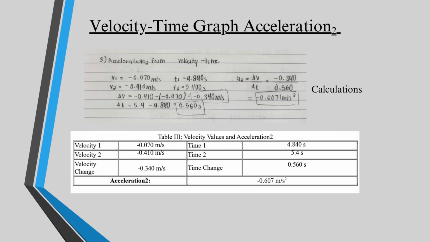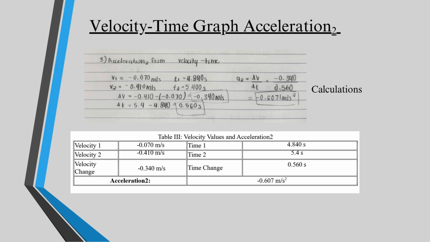After that, we calculated the acceleration using a velocity time graph. To do this, we got 2 points from the graph, point 1 being 4.840 seconds and negative 0.070 meters per second, and point 2 being 5.4 seconds and negative 0.410 meters per second. With these points, we use the equation acceleration equals change of velocity over change of time.